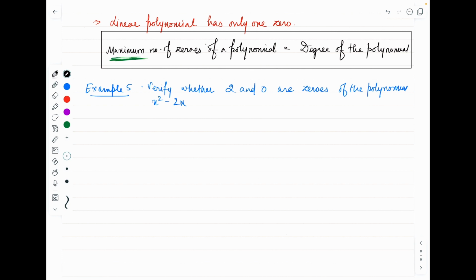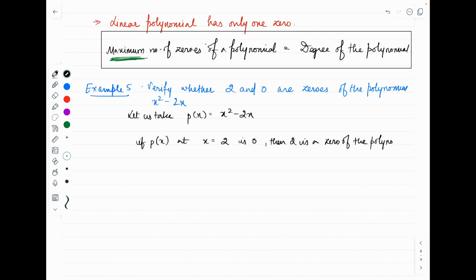Okay, let us take p of x equals x square minus 2x. If p of x at x equals 2 is 0, then 2 is a zero of the polynomial p of x.